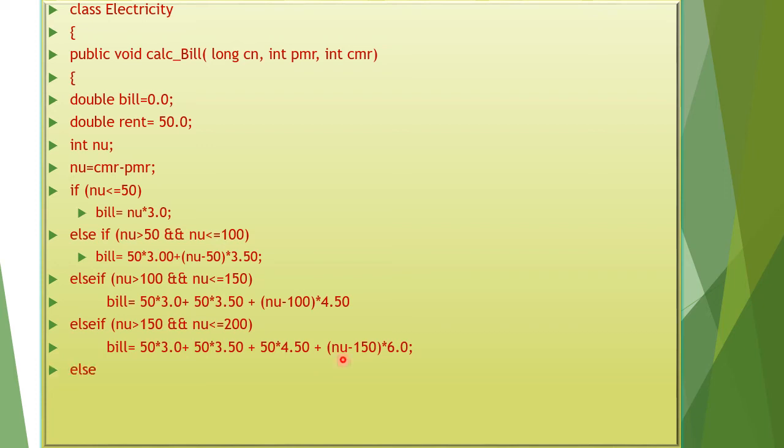For the units exceeding 150, that is 6 rupees per unit. That is why we write here NU minus 150 star 6. So the total bill will be 50 star 3.0 plus 50 star 3.50 plus 50 star 4.50 plus NU minus 150 star 6.